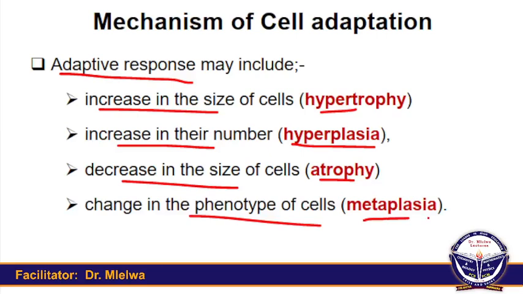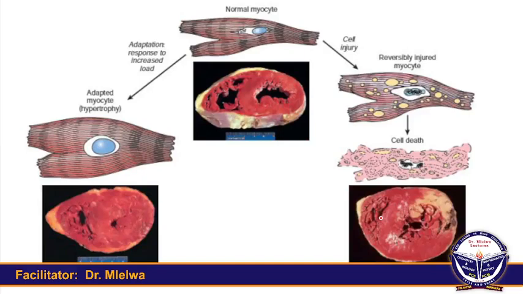Kwa hiyo katika cell adaptation kuna vitu mbalimbali ambavyo vinaweza vikatokea wakati cell ina adapt. Inaweza ikaongezeka size ya cell ambayo ni hypertrophy, inaweza ikaongezeka namba ya cell ambayo ni hyperplasia, inaweza ikapungua size ya cell ambayo ni atrophy, au inaweza ka change phenotype ya cell ambayo ni metaplasia.